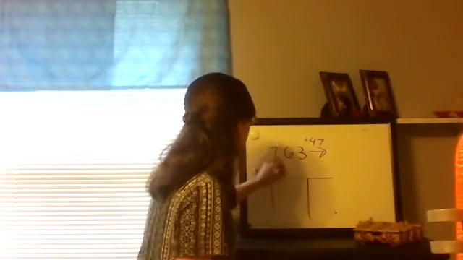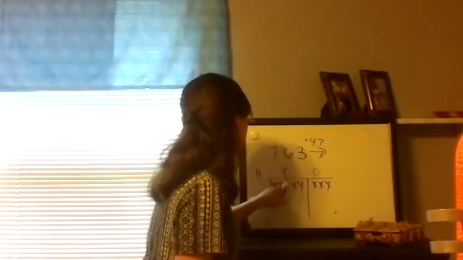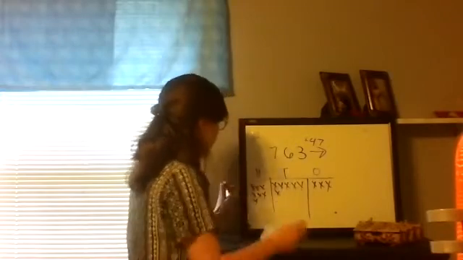I'm going to draw my place value chart. Hundreds, tens, and ones. I have 3 ones, 6 tens, 1, 2, 3, 4, 5, 6, and 700s. 1, 2, 3, 4, 5, 6, 7.